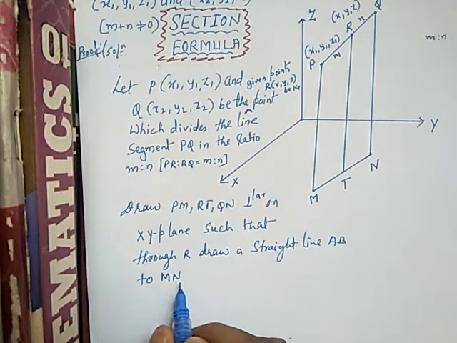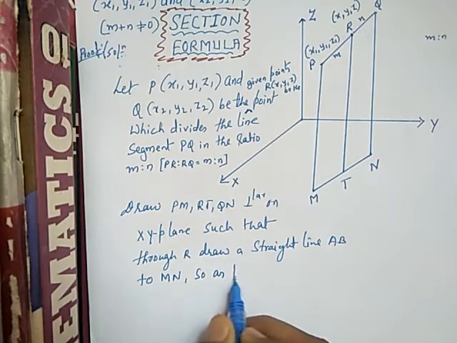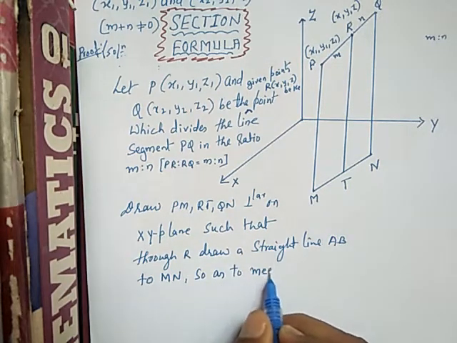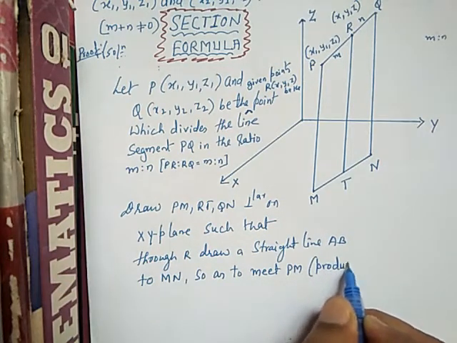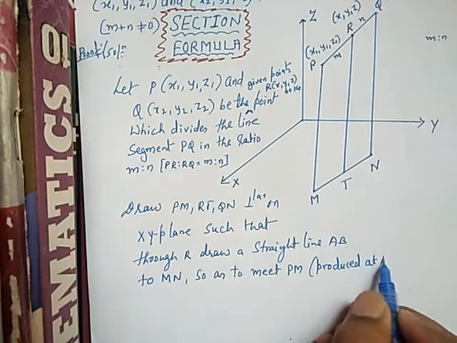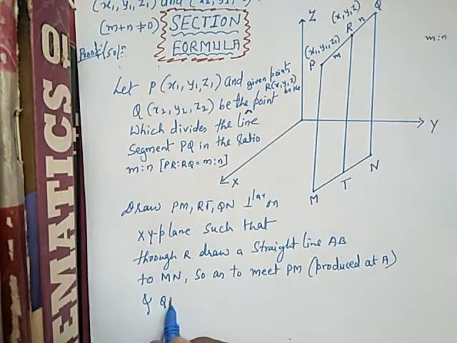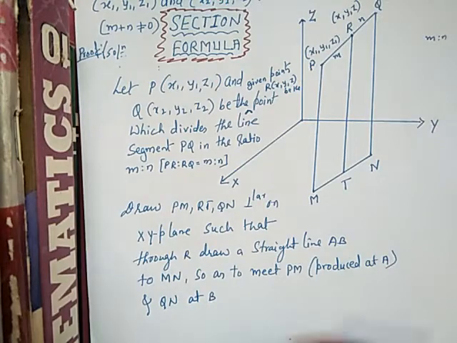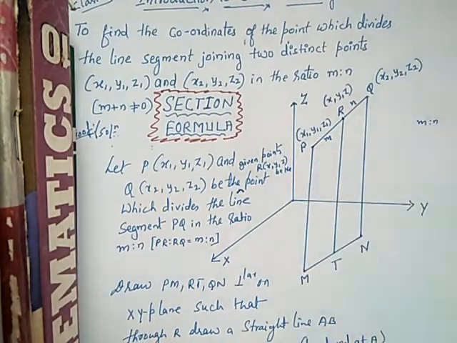After taking this MN, so as to meet PM produced at A, and QN at B. You have to produce this using a scale.